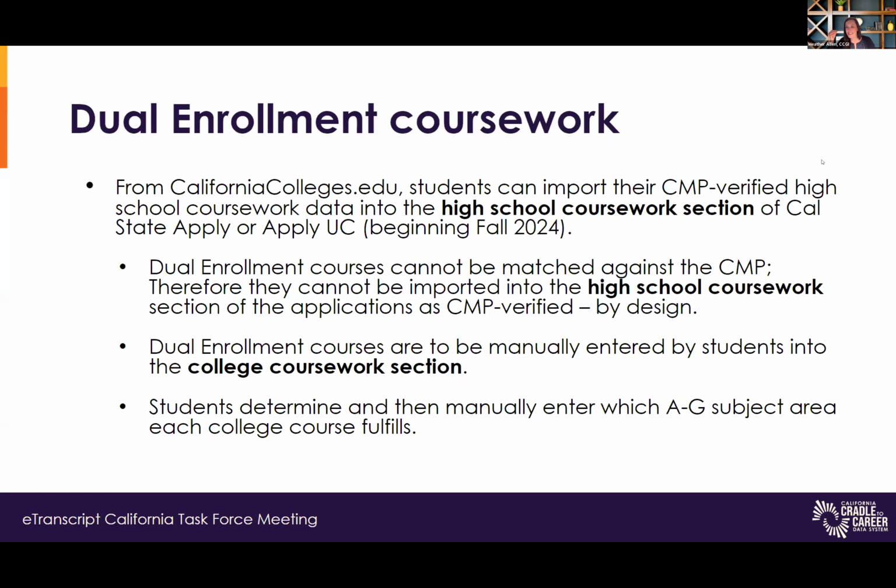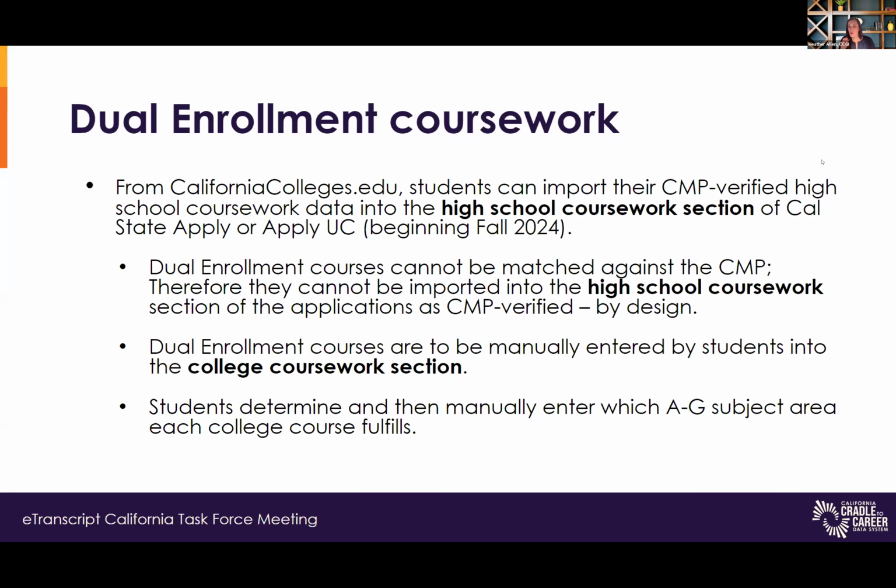Dual enrollment courses can't be matched against the course management portal because that course management portal contains the high school's list of high school courses. So it can't be matched against that screen.